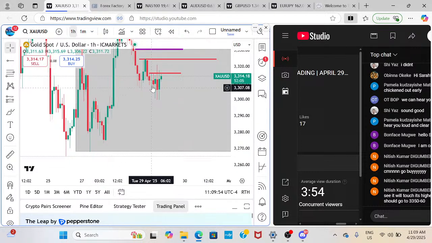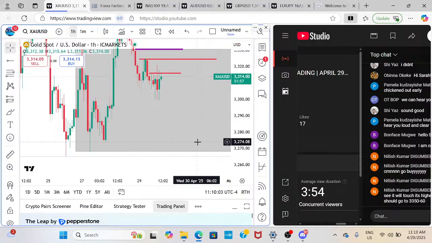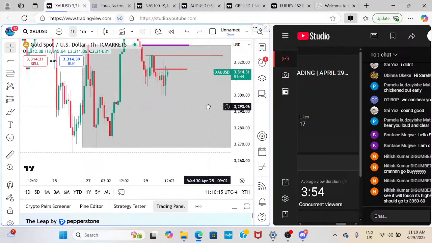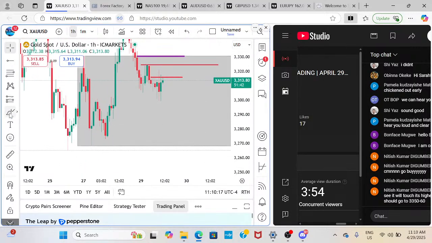And basically you can just target this current low here. Price should return back to that low. And then the main target is all the way down here at 3,275. For me to buy gold, the good area for me to look for a possible buy is all the way down at 3,275.